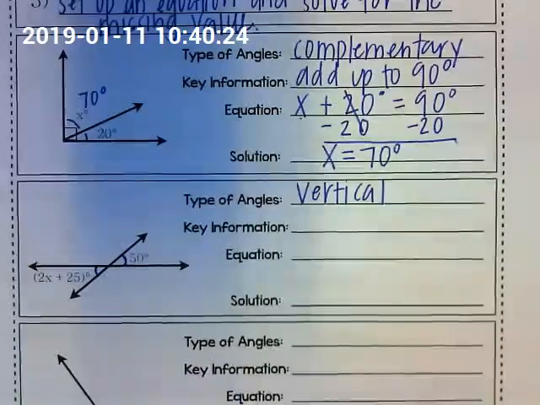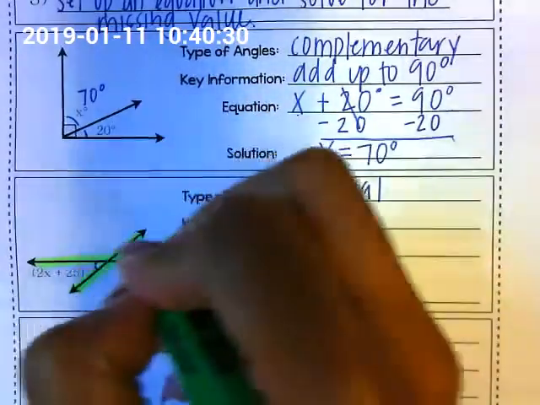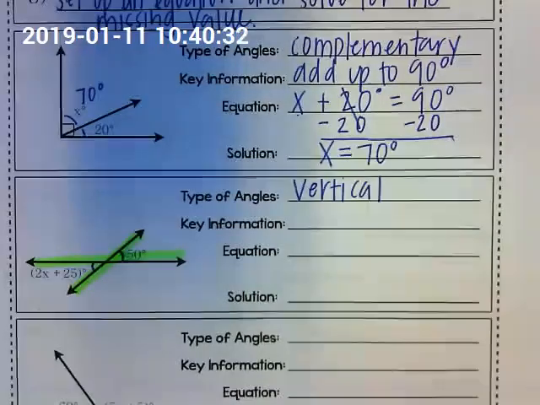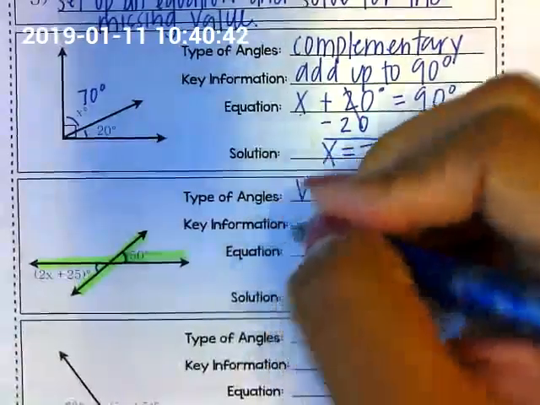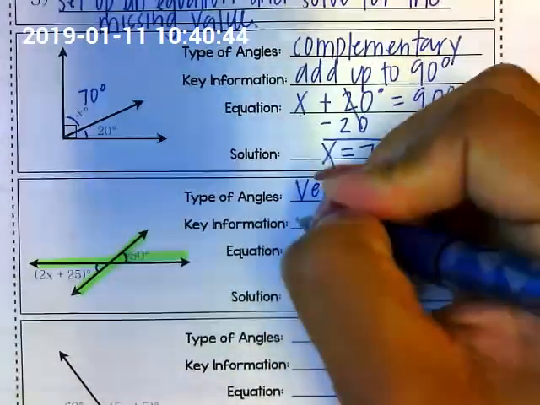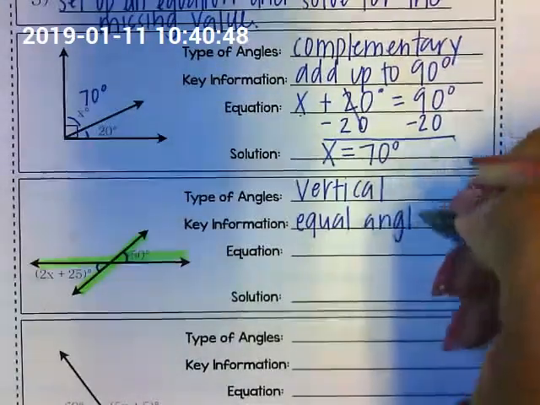We can see those two intersecting lines being this line and this line. And those two angles are across from each other, so they have to be vertical. Vertical angles are always the same, so they're equal. So the key information here: equal angles.